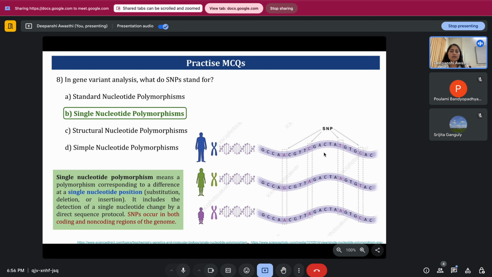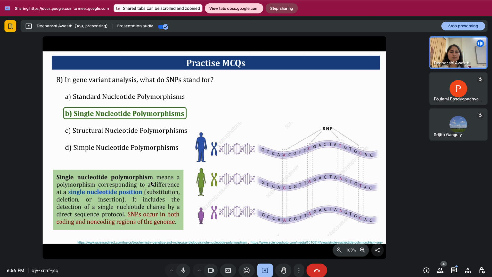So these SNPs could be insertions, deletions, or simply substitutions. In these scenarios, it is simply a substitution, but there are cases where it could be an insertion or a deletion as well. That will also be referred to as single nucleotide changes.